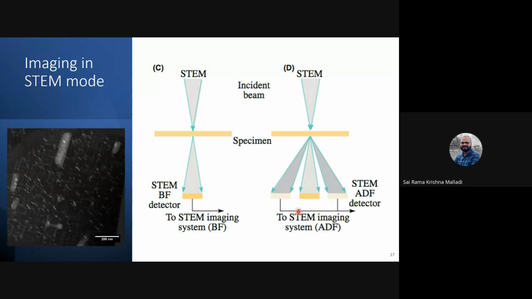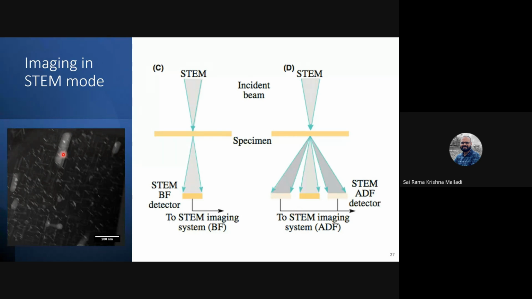And then this particular mode of imaging, where you get an image by rastering, what you can do is, while simultaneously an image is being formed, I can also collect an X-ray signal, and I can get physically at each of these locations what kind of elemental information I have from EDS or EELS mapping.